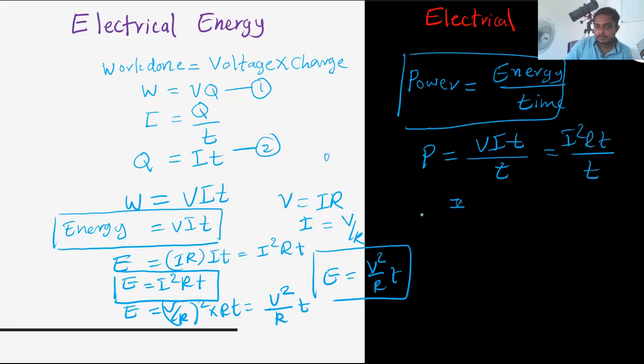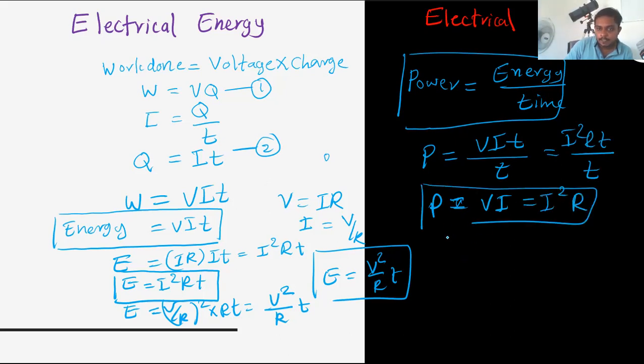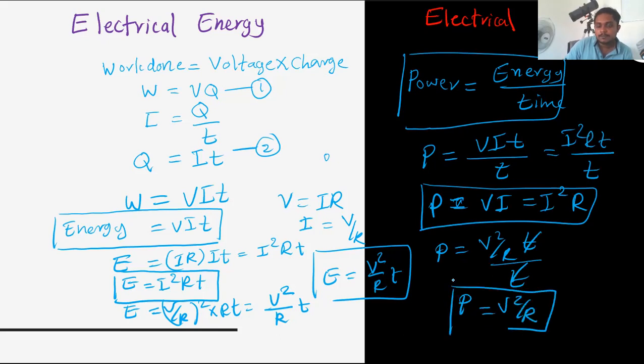Also I can write after these two, P is equal to VI and I squared R. These are two equations for P. And we have another equation, P is equal to V squared RT over T. Finally, we are getting the third equation for P, V squared over R. These are the equations for that.